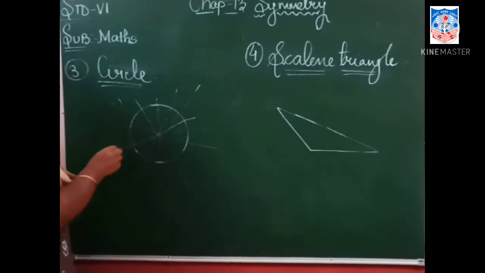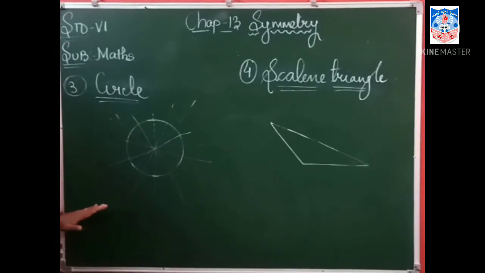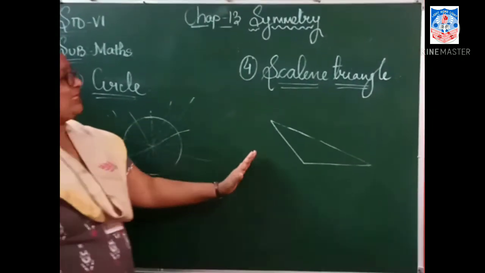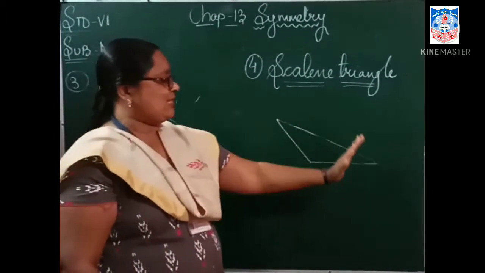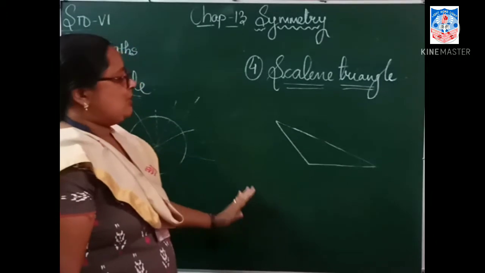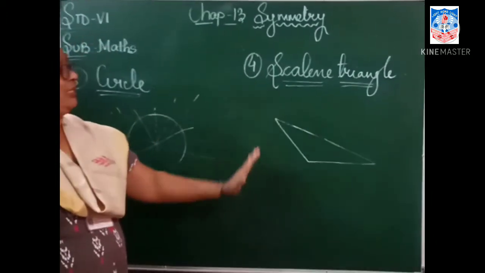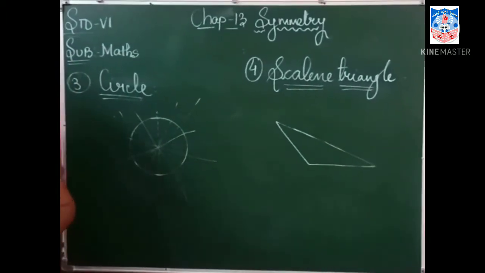That means a circle has infinite lines of symmetry. Understood? Now next is scalene triangle. Scalene triangle means all the sides unequal. So there will be no line of symmetry in a scalene triangle. Understood?